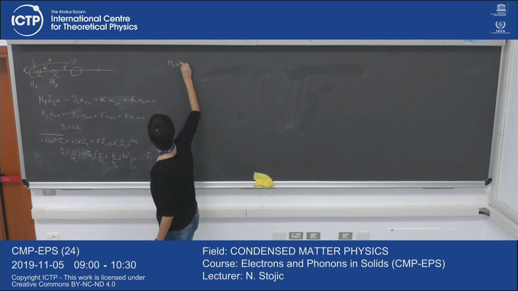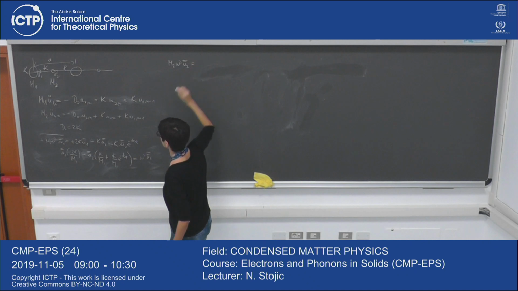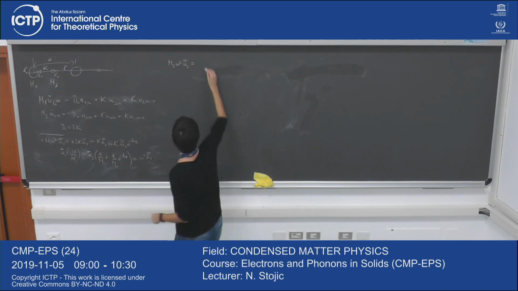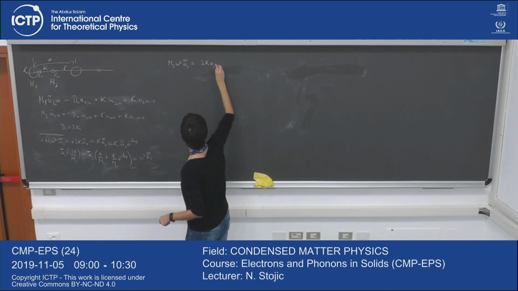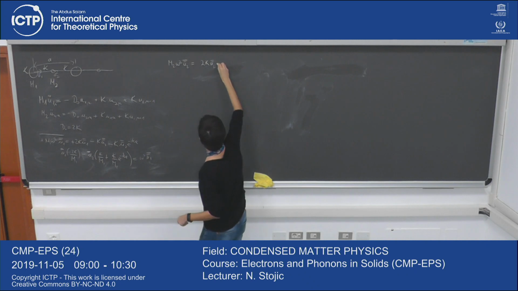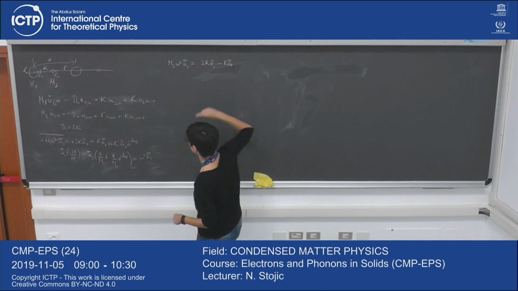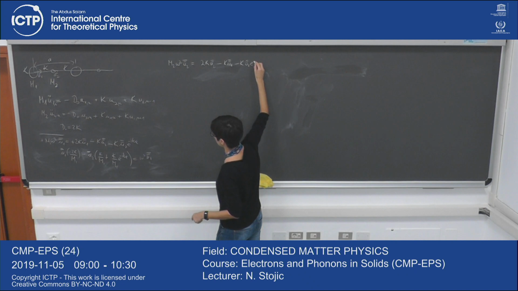M2 omega squared U2 is equal, I'm changing the sign to K U2 minus K U1 minus K U1 e to the IKA.